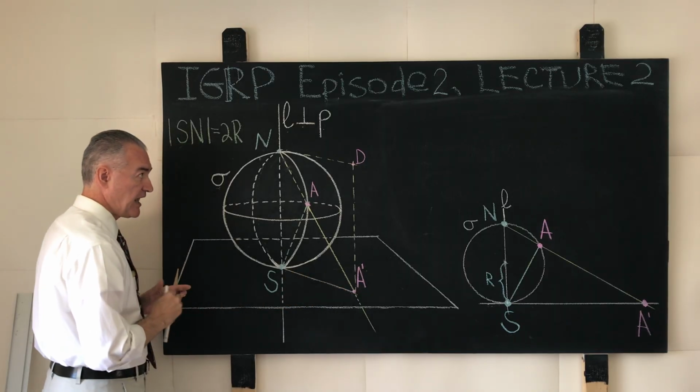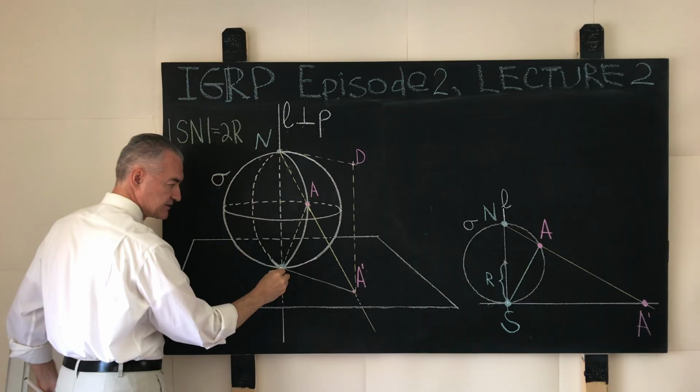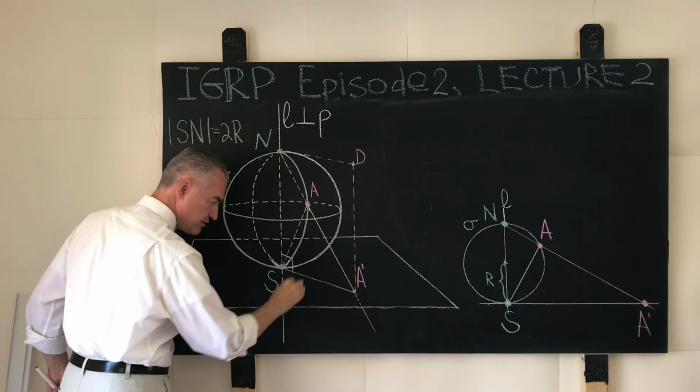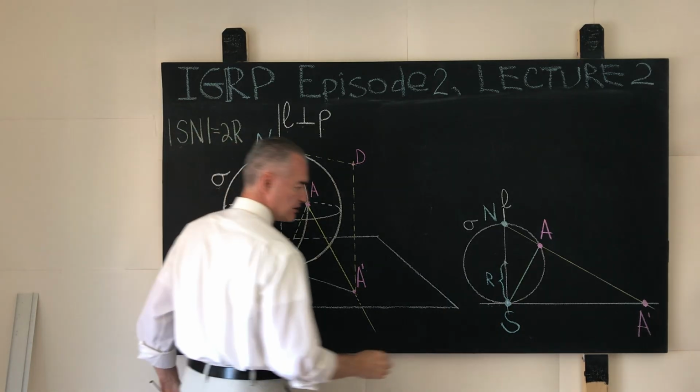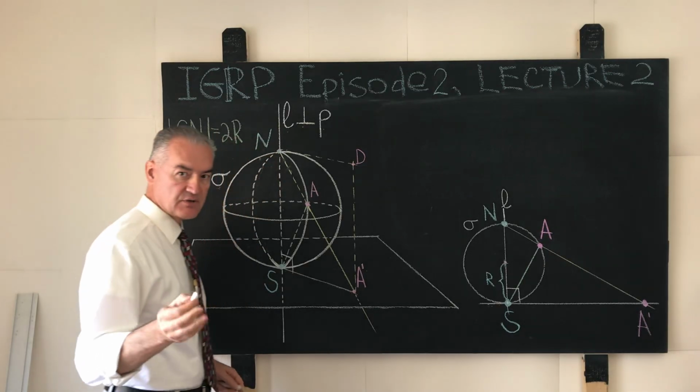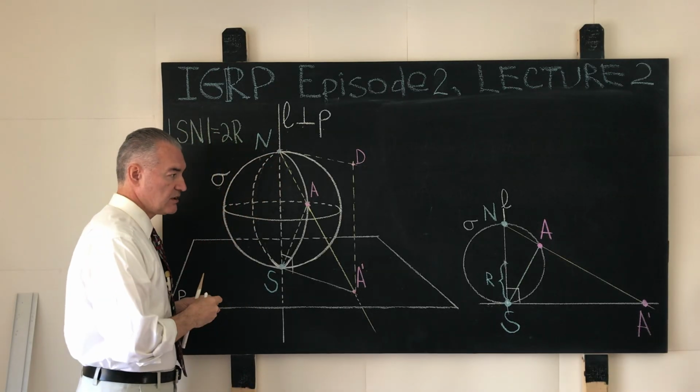In other words, the angle NSA prime is what? That angle is right. So that angle is right. I recommend that you guys write it down.